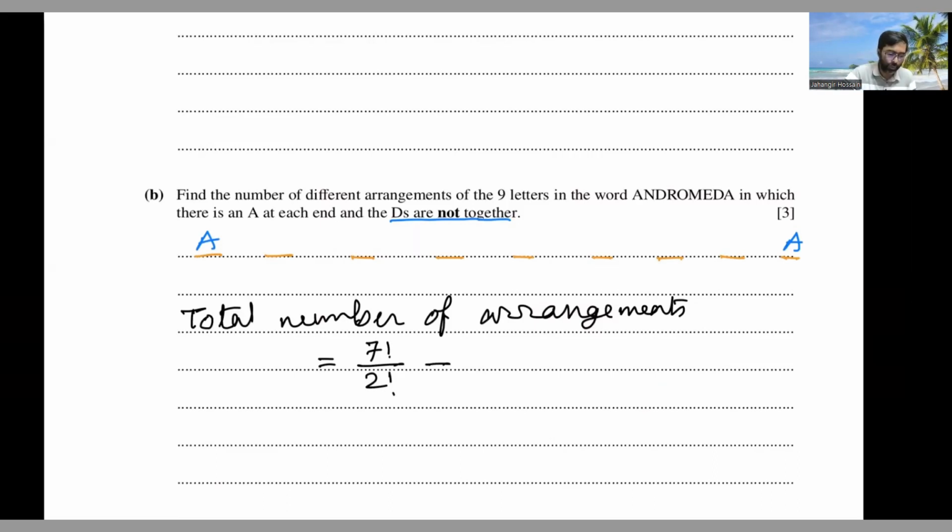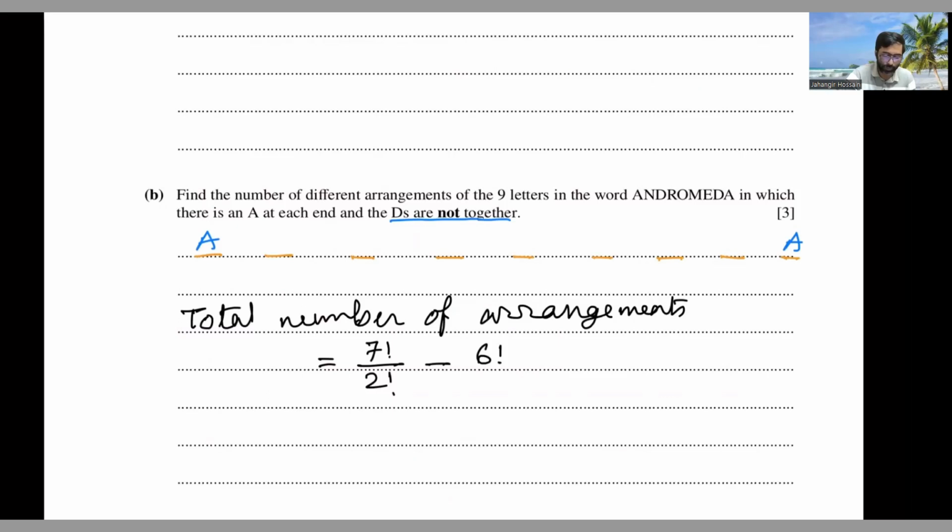If you consider 2D as a single letter, then we have 6 letters. The 6 letters can be arranged in 6 positions in factorial 6 ways, and the 2 D's cannot rearrange among themselves.